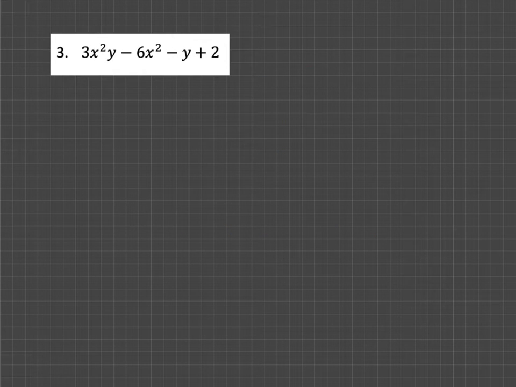For this example, we've got 4 terms. A clue to what to do when you have 4 terms or more than 3 terms is you're going to want to group. So I'm going to just rewrite the polynomial 3x squared y minus 6x squared minus y plus 2.